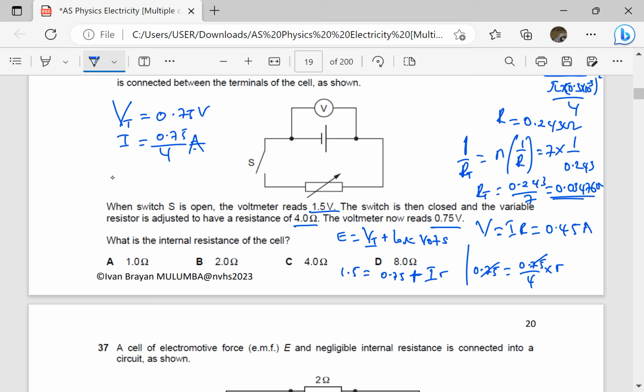And you and me notice that, because we cross multiply, it becomes 4. So internal resistance is 4 ohms, which makes our answer precisely C.